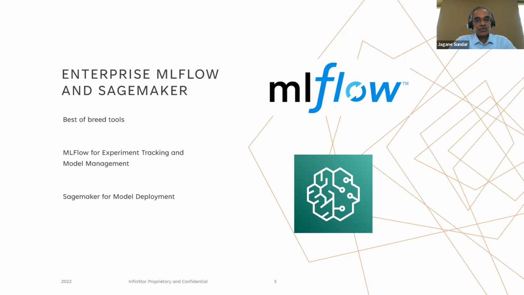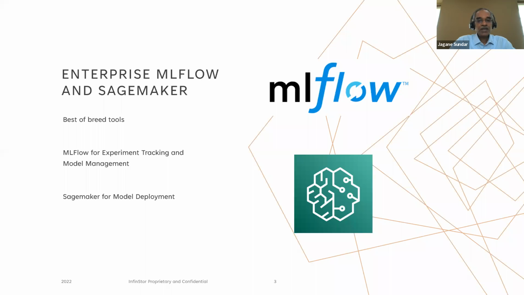So today's topic is Enterprise MLflow with SageMaker. A little bit of a definition. MLflow is both an open source project and a supported, developed, enterprise-grade product by several companies, of which we are one.